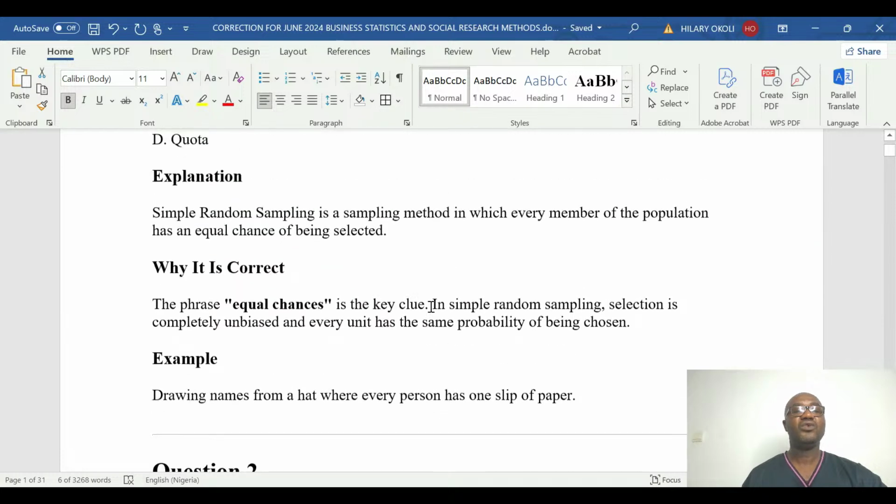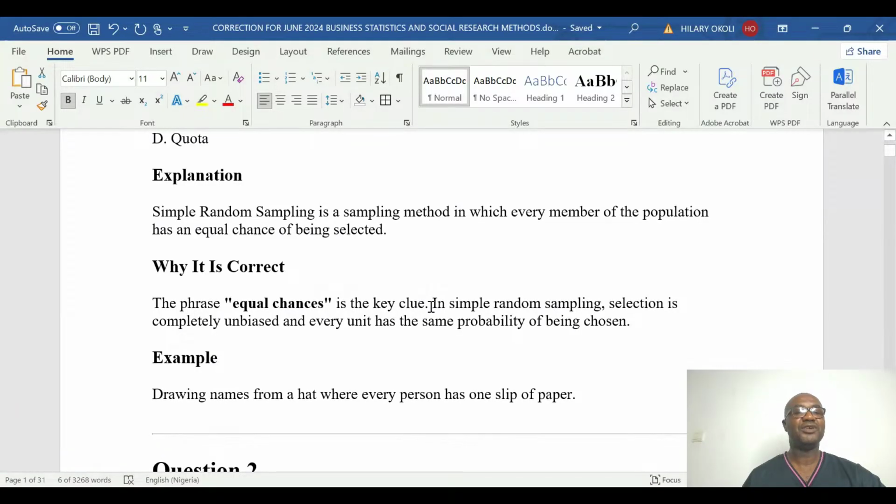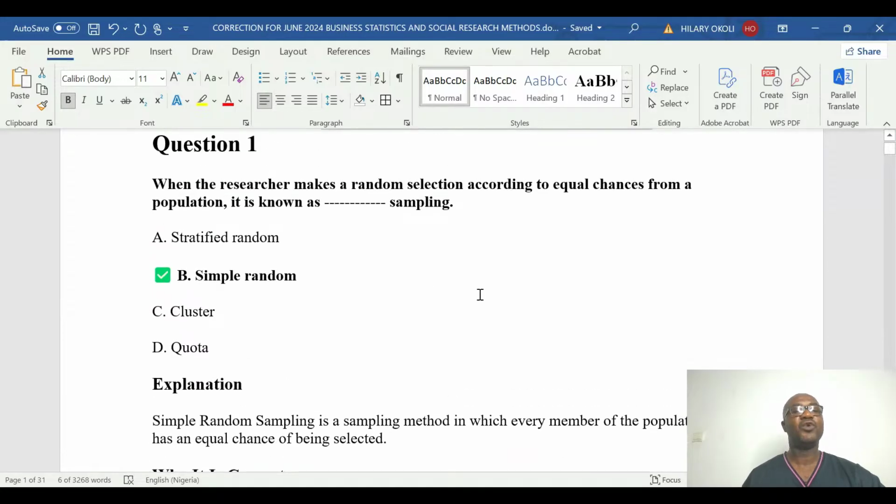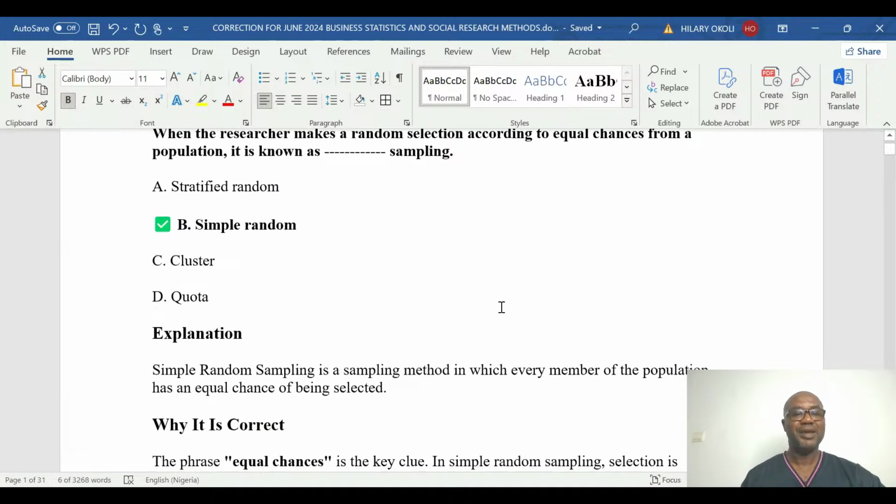So simple random sampling is simply saying there is a method in which every member of the population has an equal chance of being selected. Hence it is the answer for question 1, which says that when the researcher makes a random selection according to equal chances from a population, quickly, what comes to mind is the simple random sampling method or technique.